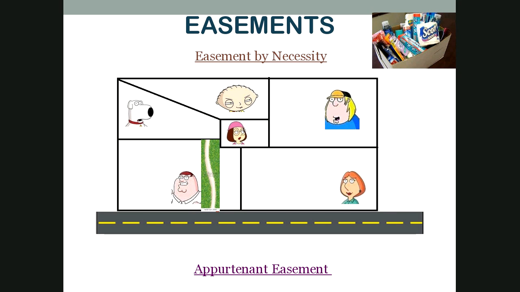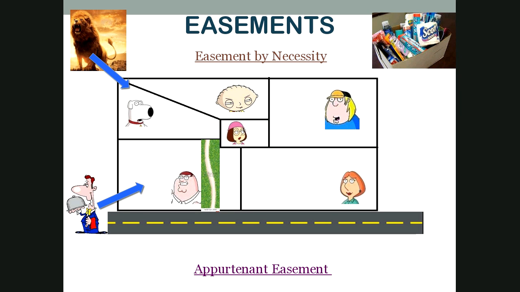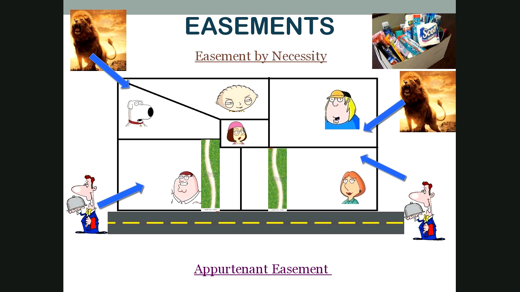So Peter is going to give Stewie and Brian access across his property so they can get to the road. So that means these guys are going to be the dominant estate. Peter's going to be the servient estate. And Lois is going to give Chris an easement across her property to get to the road. Right? Dominant, servient. But no one's going to give Meg access because, well, no one likes Meg.